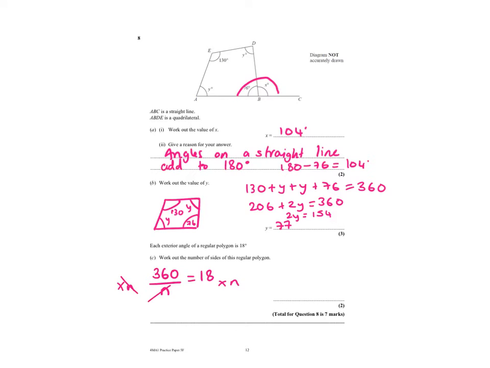That's going to cancel this side. So we're going to get 360 equals 18n. But I want an n on its own. So if I divide both sides by 18, 360 divided by 18 equals n. So 360 divided by 18 is 20. So n equals 20. So there are 20 sides of the polygon.